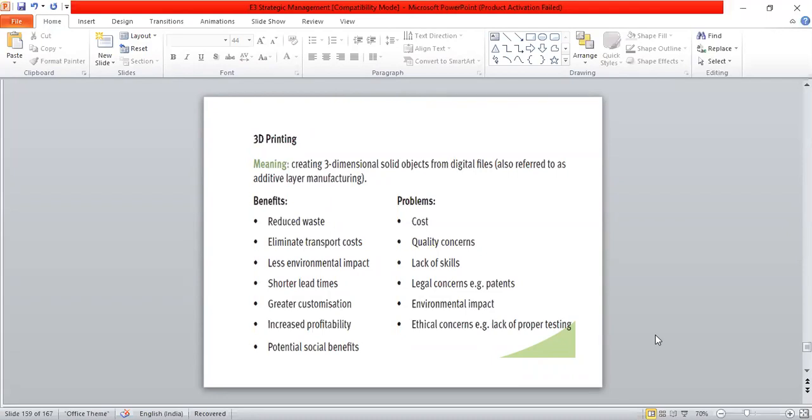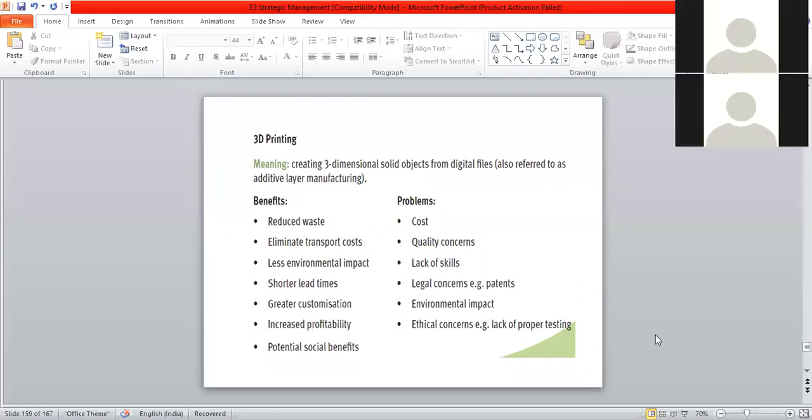The image generated by 3D printing helps them to understand it better, and they need not physically go and verify that, and it has a less environmental impact. It need not be printed in multiple copies, but one is sufficient. Shorter lead times, greater customization, increased profitability, and potential social benefits are there.